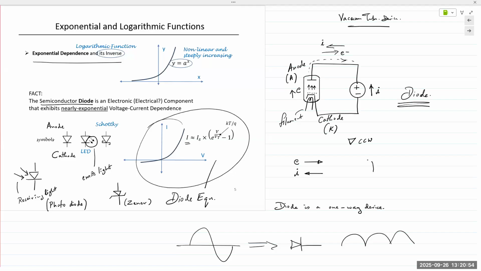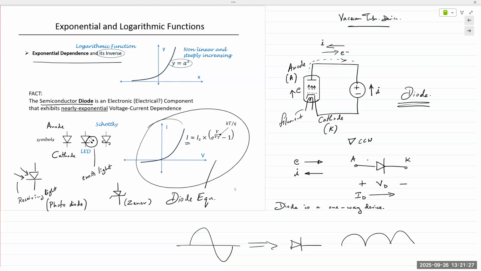So if we combine it with a symbol of a diode, the triangle needs a little work. Diode voltage, so this is the anode, this is the cathode. Diode voltage VD is always measured with positive at the anode and negative at the cathode. And ID always flows in this direction, from the anode towards the cathode.